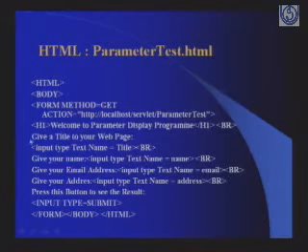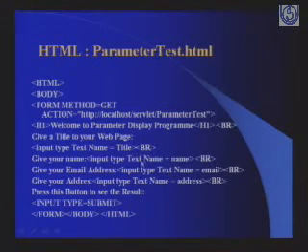In this, give a title to your web page, and after that give your name, one parameter, give your email address, another parameter, give your address, that is the third parameter. Here I am using get parameter thrice, once for name, second for email, and third for address, and these 3 we will see.